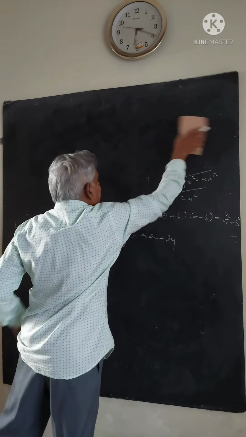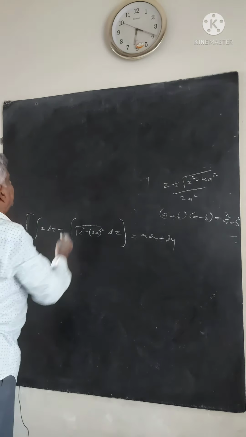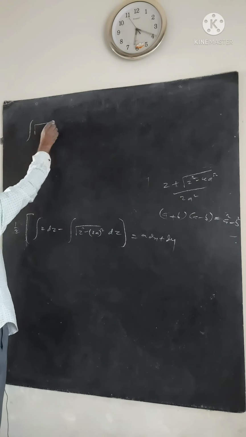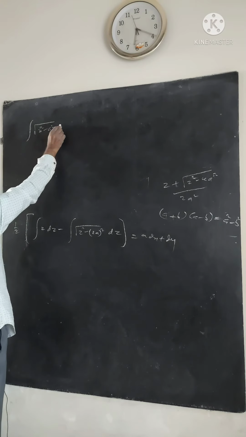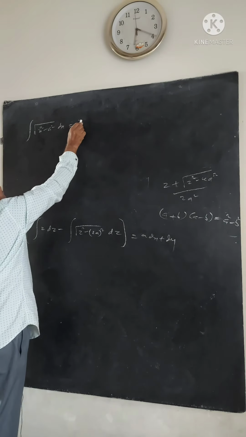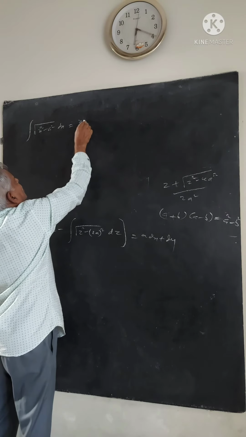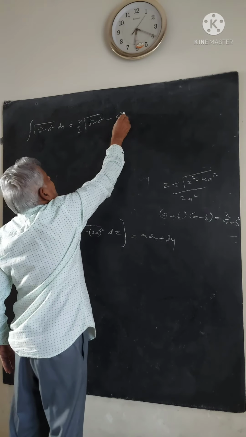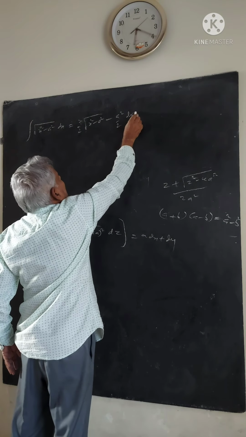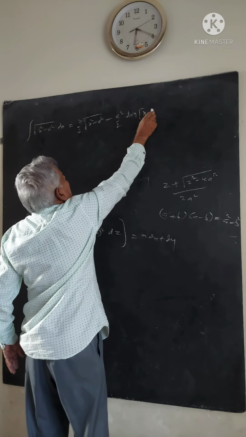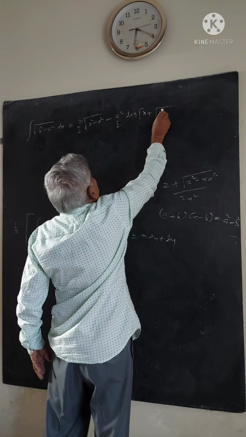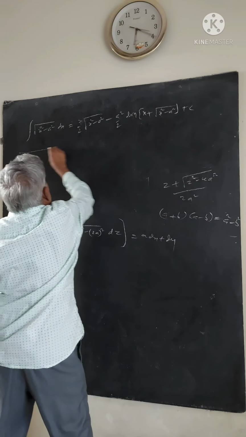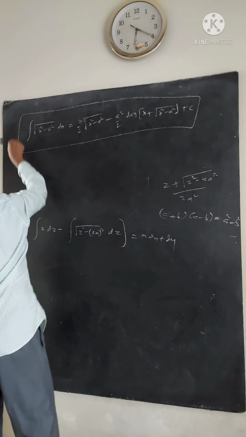We have to apply an integral formula here. The formula is integration of root of x square minus a square dx is x by 2 root of x square minus a square minus a square by 2 log of x plus root of x square minus a square plus c. This formula we have to apply here.